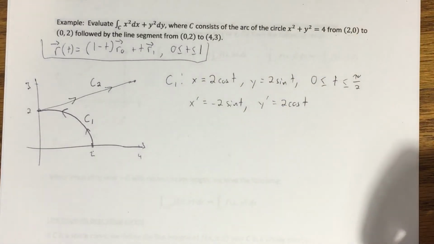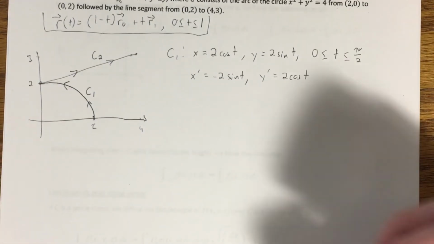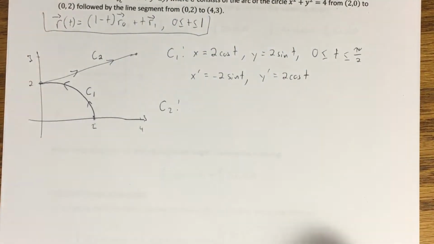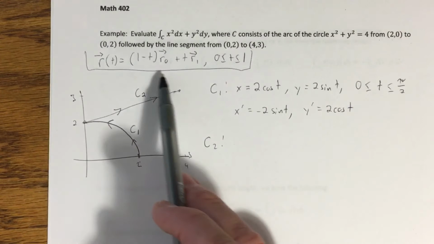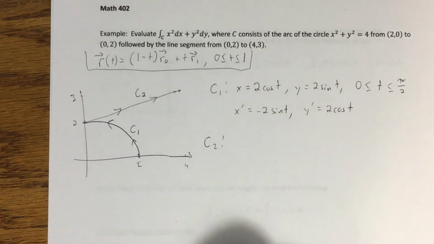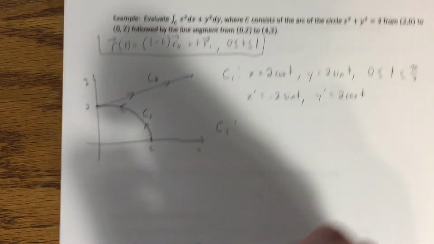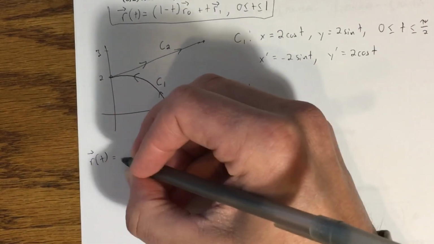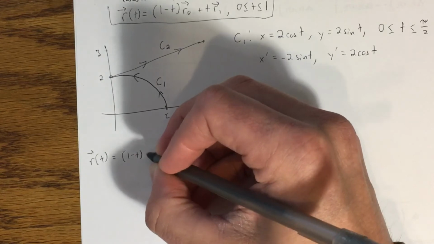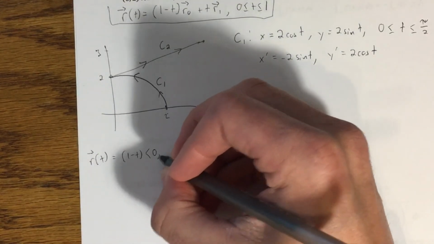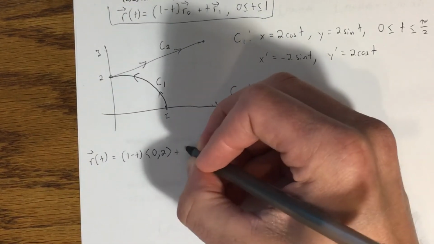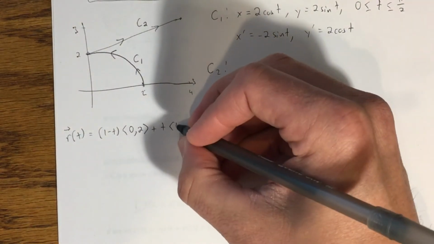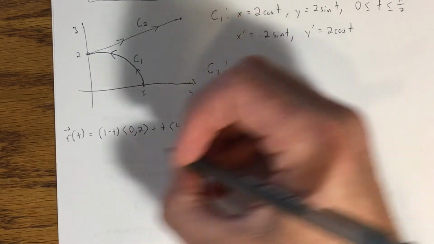Okay? I'm also going to parameterize C2. And I'm going to go down here to do the work for this. I'm using this parameterization for a line segment. So r(t) equals (1 minus t) times the position vector for my initial point, which was (0, 2), plus t times the position vector for my terminal point, which was (4, 3).